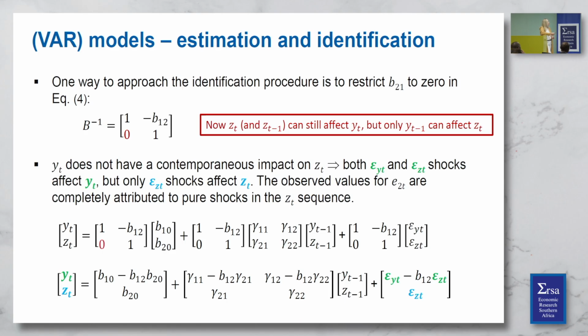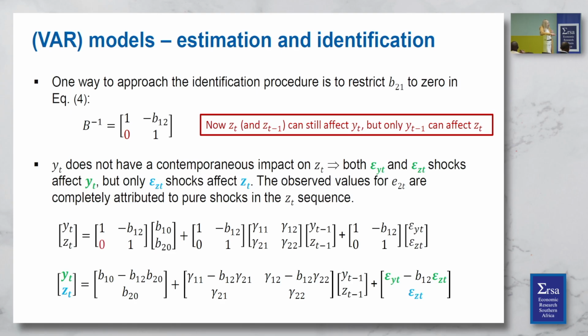That Z and lagged Z can affect Y, but only lagged Y can affect Z. If you look at this system here, this is the structural VAR. This is the reduced form. It's just rewritten, multiplied out, so that's equal to this.